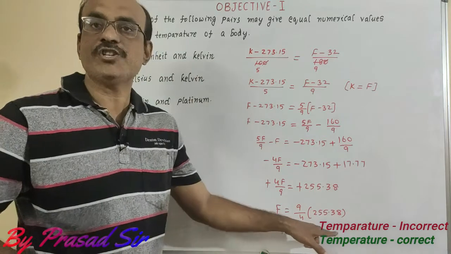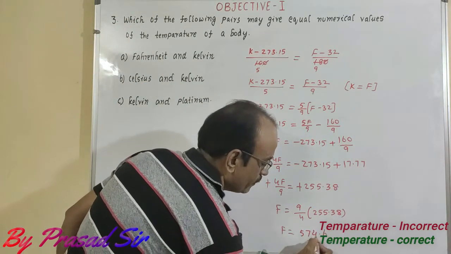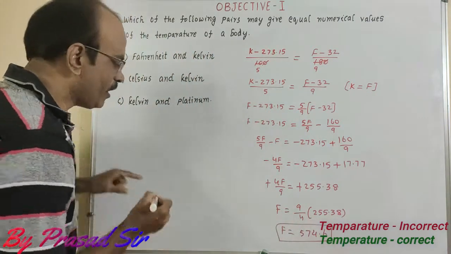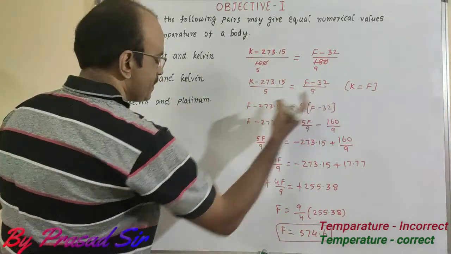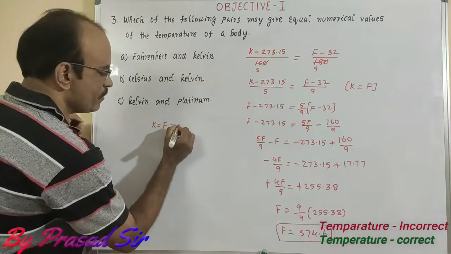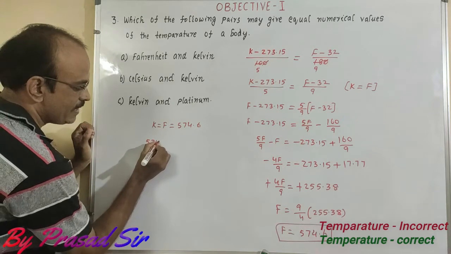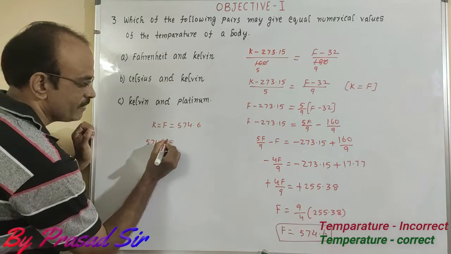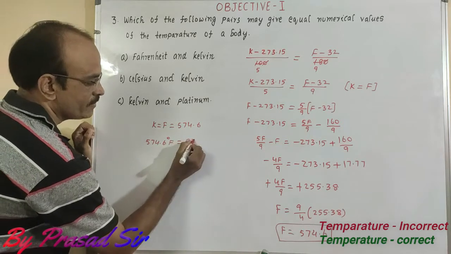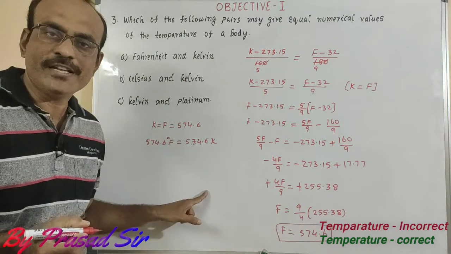On simplification we get the value 574.6. This is the F value. But we took K equal to F, so K is equal to F is equal to 574.6. That means 574.6 degrees Fahrenheit is equal to 574.6 Kelvin.